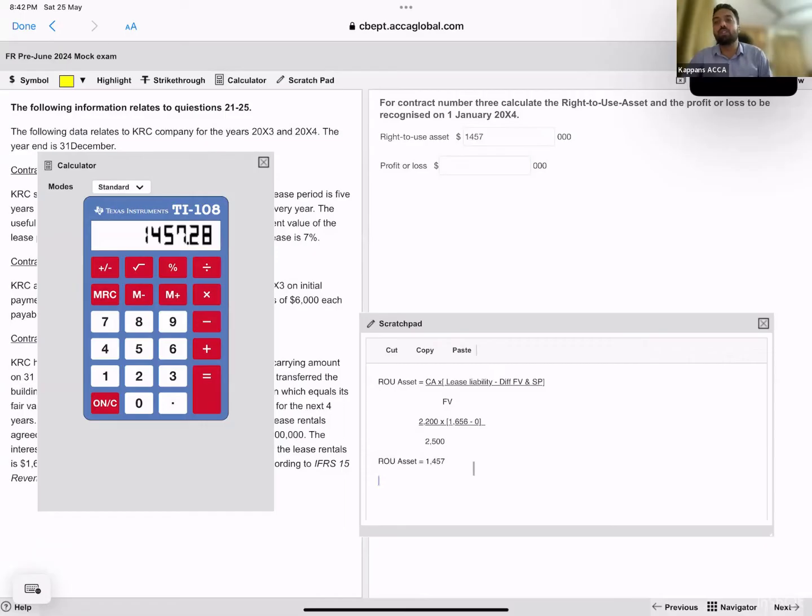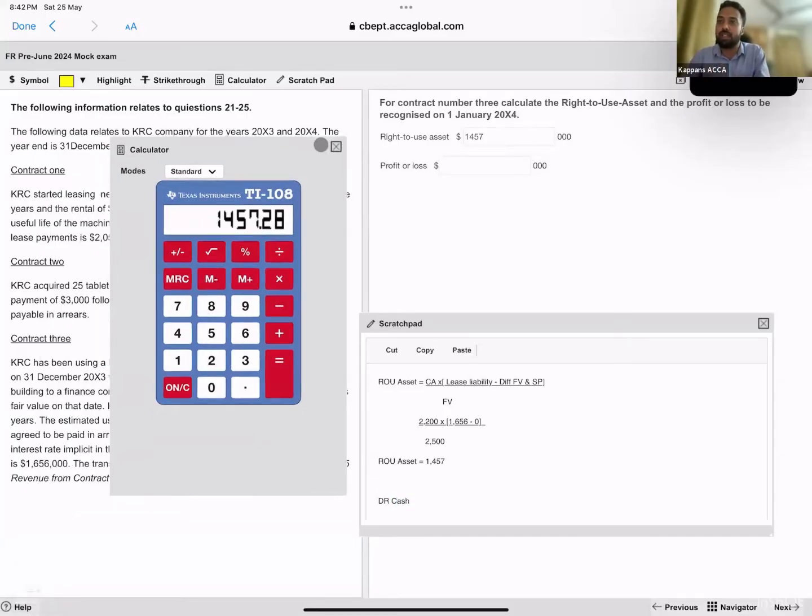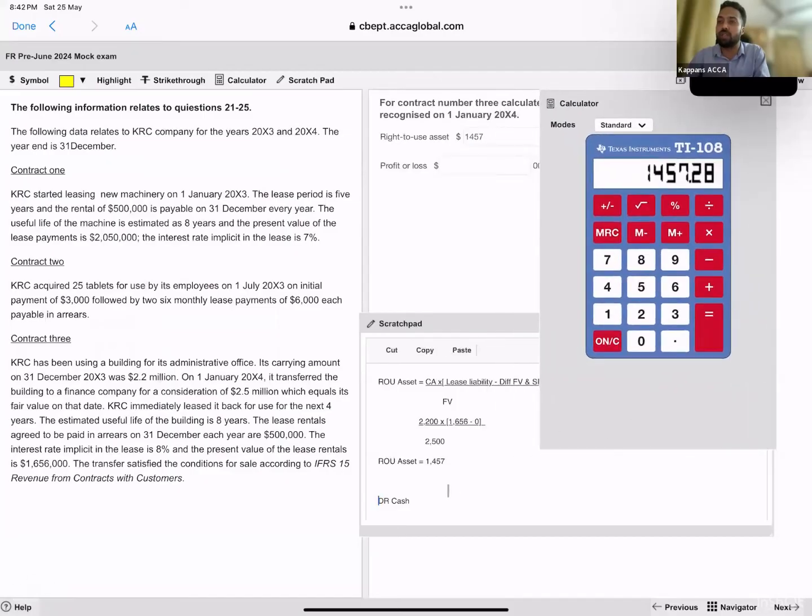Remember, profit or loss in case of sale and leaseback, you have to record the sale and the leaseback. So I hope you remember our class on sale and leaseback. First we have to record the sale. So debit cash. How much is the cash received? 2,500 in thousands. And credit asset.